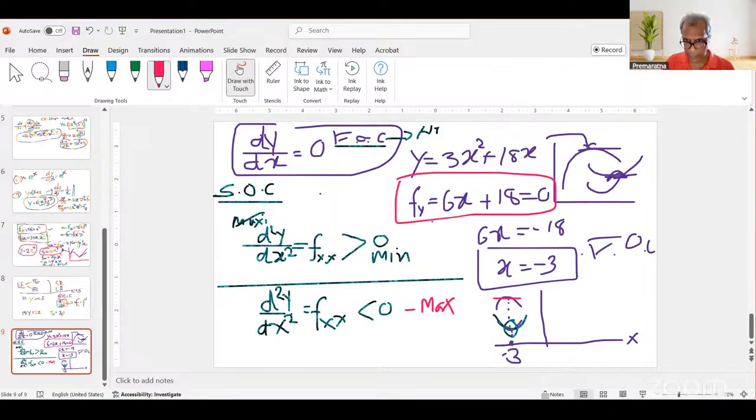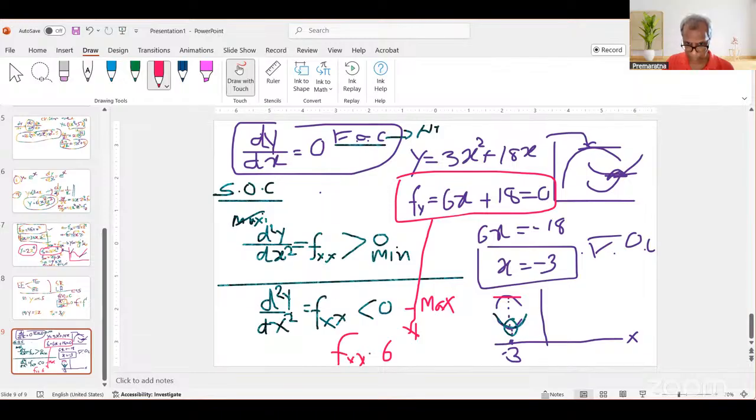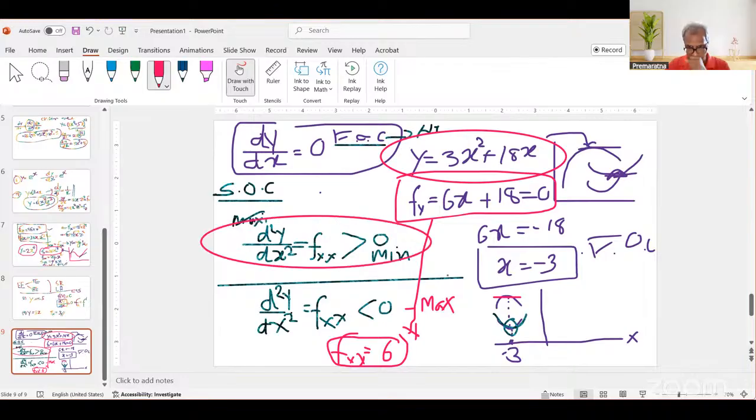When you differentiate this equation twice, the answer you get is just 6. 6 means a positive value, which means for this particular equation you get the minimum point, because the second differentiation is positive, which means definitely the equation goes like this, comes to the minimum and goes like that.